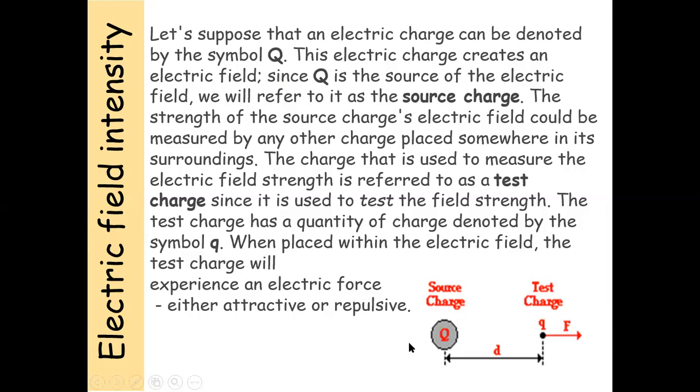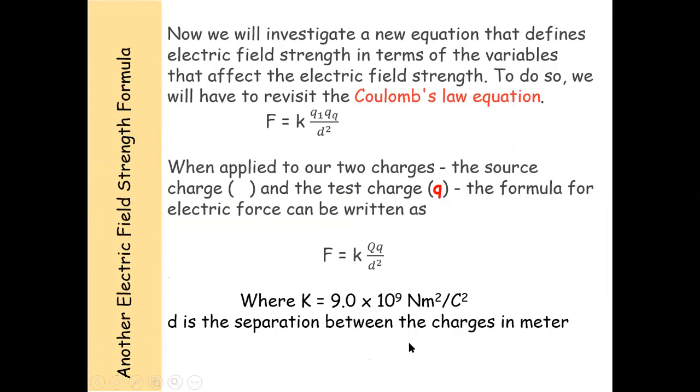So we are going to derive a relation for it in terms of the variables affecting the electric field strength. According to Coulomb's law, the things affecting it are the magnitude of both the charges and the distance between them.